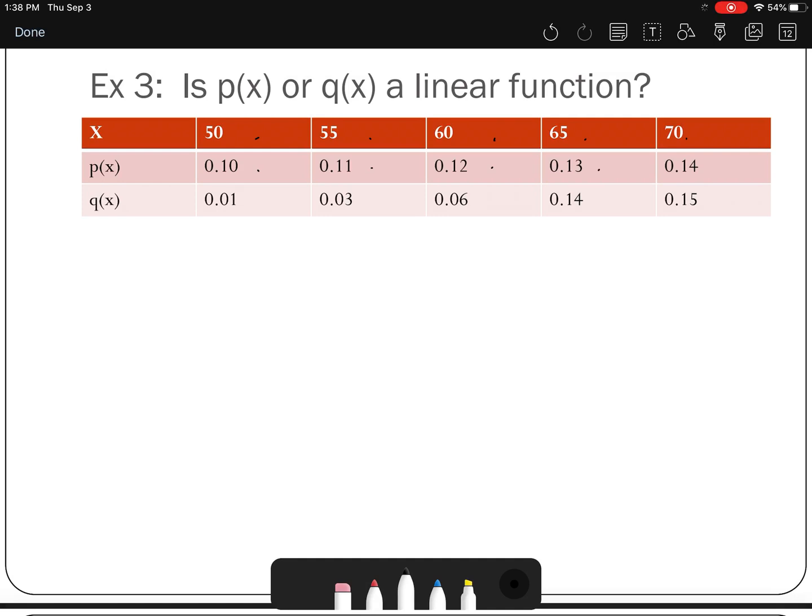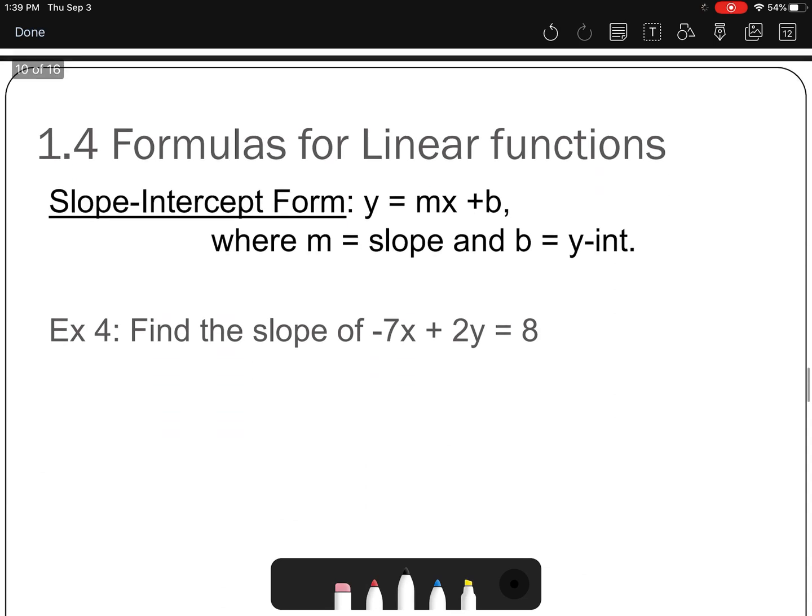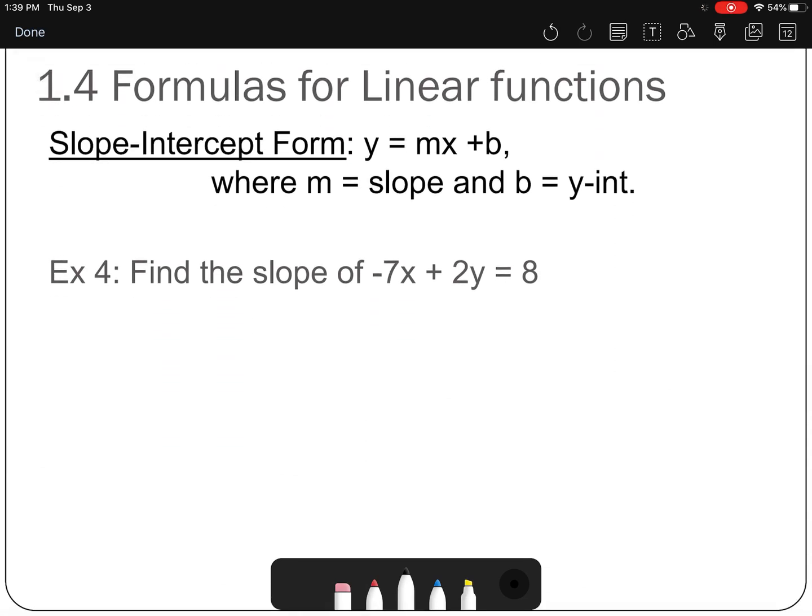So our y value must also go up by a constant in order to be linear. So P of x is, because it goes up by 0.01. But look at Q of x. It goes up by 2 cents, or 0.02, 0.03, 0.08. So this would not be linear. The first one is, the second one is not.